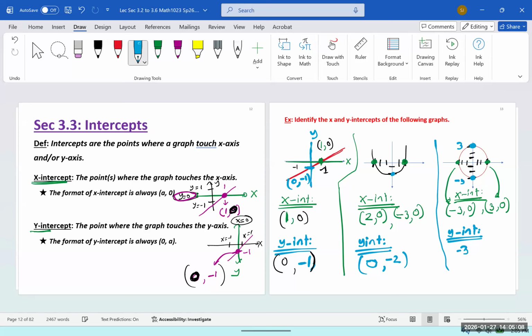So -3 is one of them and +3 is another one. And this time, our x should be 0. So in the y-axis, our x is 0. In the x-axis, our y is 0. And that's how we find from any graph the x-intercept and y-intercept.